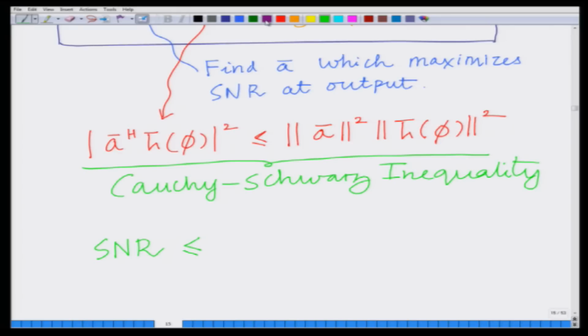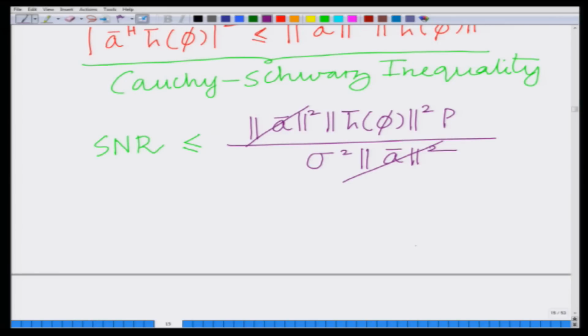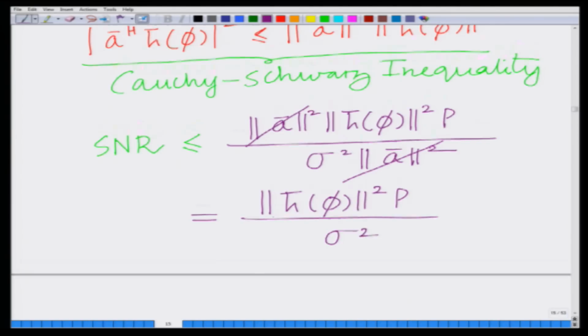is less than or equal to magnitude A bar squared, magnitude h bar phi whole squared, times P divided by the noise power, which is sigma squared times norm A bar squared. The norm A bar squared in the numerator and the norm A bar squared in the denominator cancel. Therefore, the maximum SNR is given as norm h bar phi whole squared P divided by sigma squared.